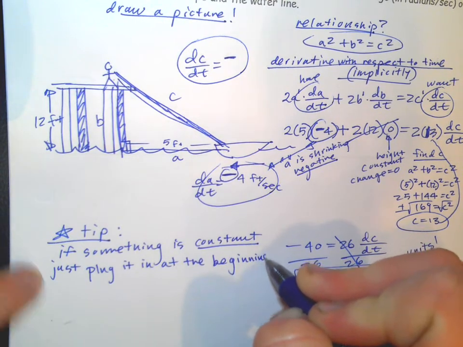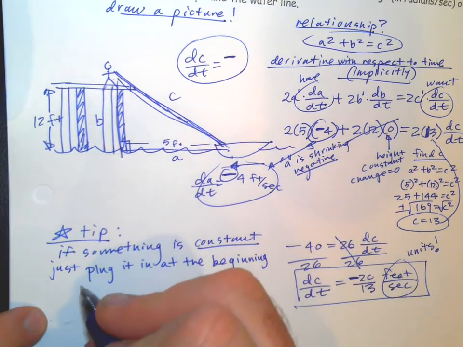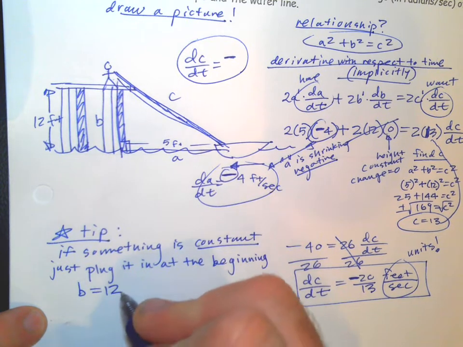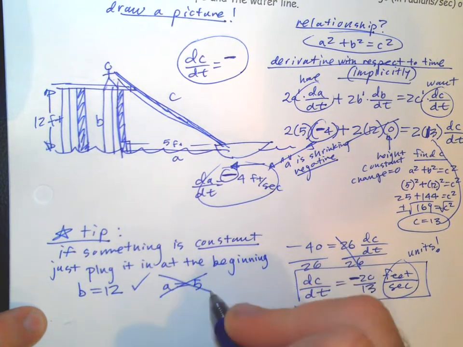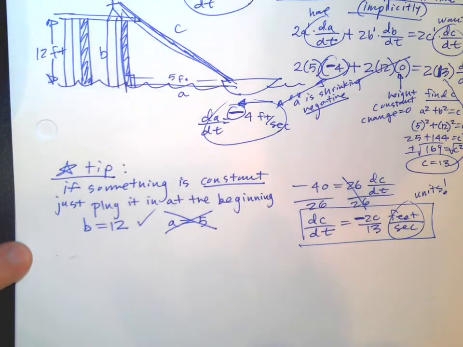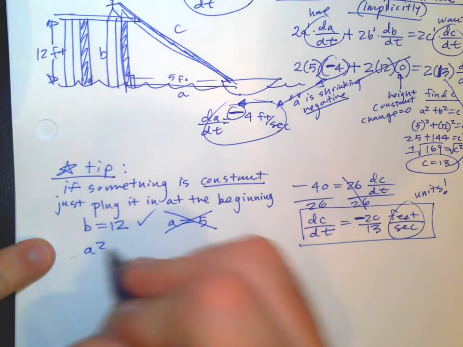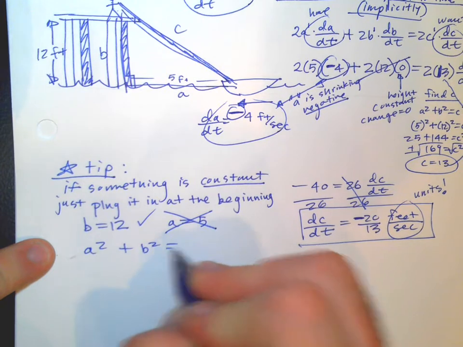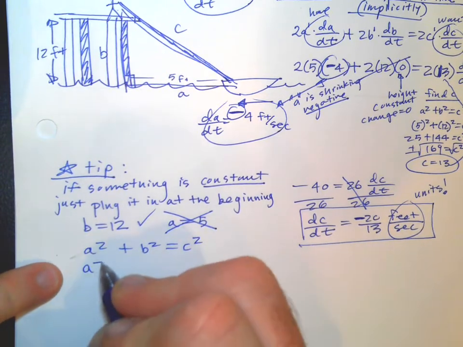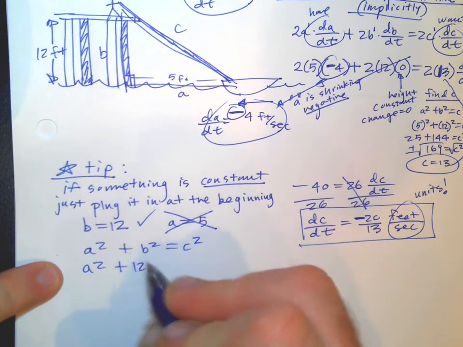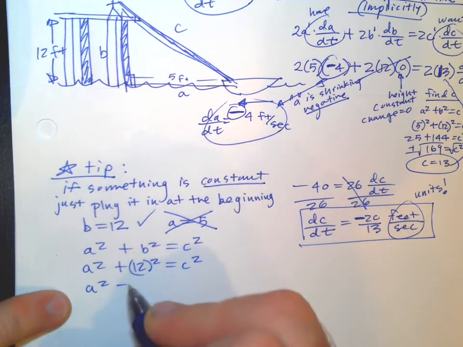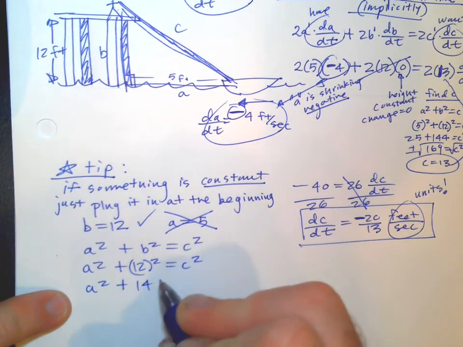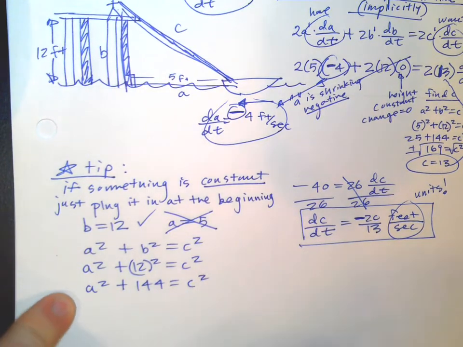Only if it's constant, okay? Like in this case, b equals 12 is constant. A equals 5 is not constant. So when we have a squared plus b squared equals c squared, I'm going to go ahead and plug 12 squared in right away. Okay?